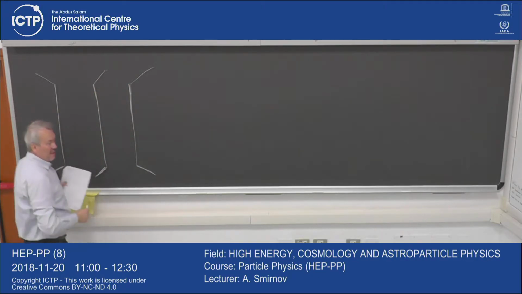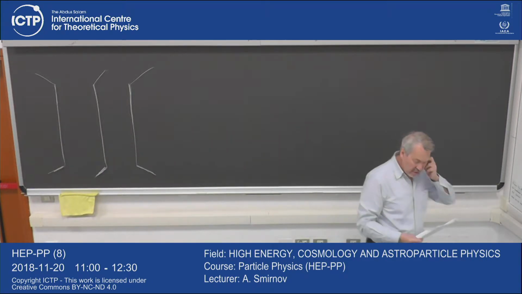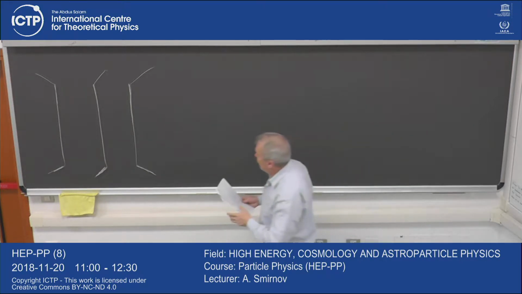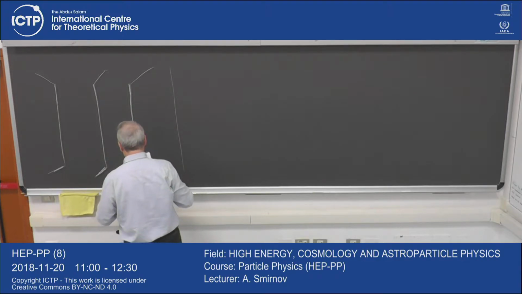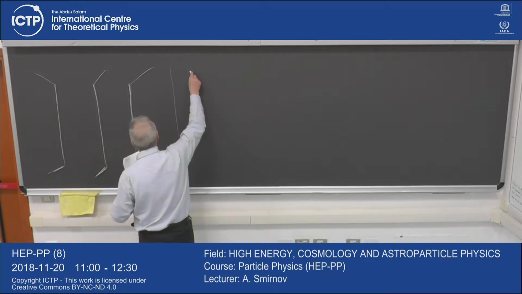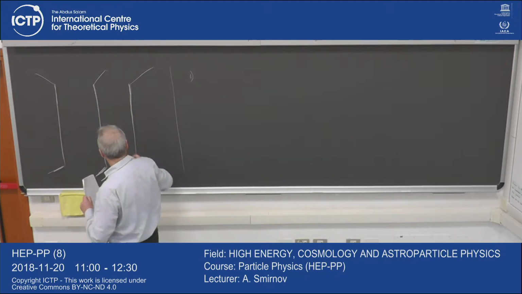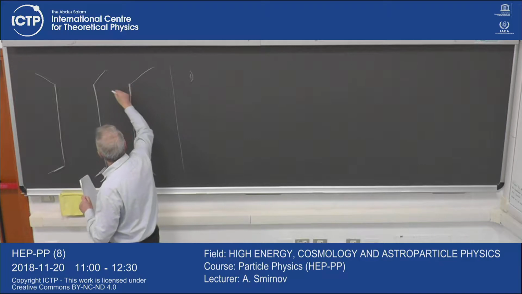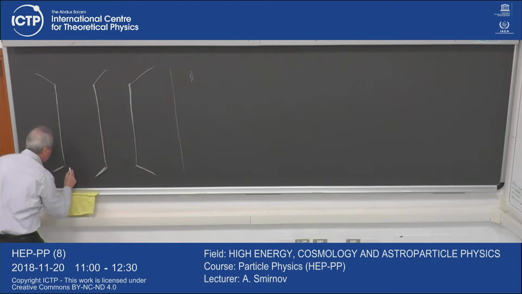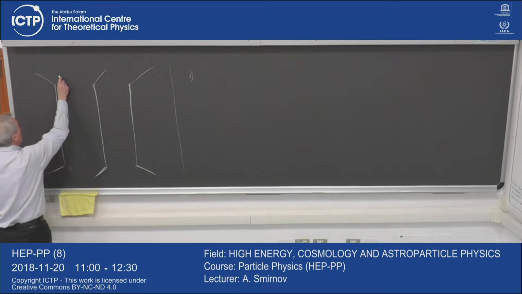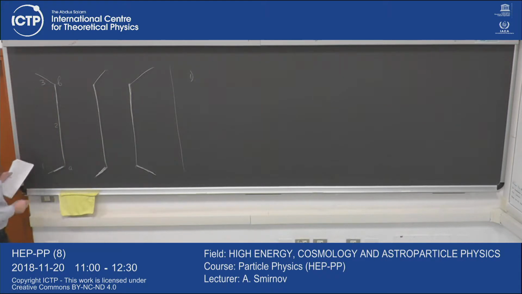Well, those are three different pieces of emulsion, and so they observe tracks in emulsion of this type. The properties of these tracks are the following. We have here three different tracks. Apparently something happens in these vertices. Let me denote this vertex A, this one B, and the tracks 1, 2, and 3.